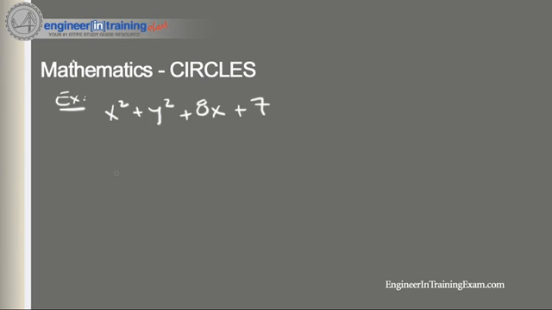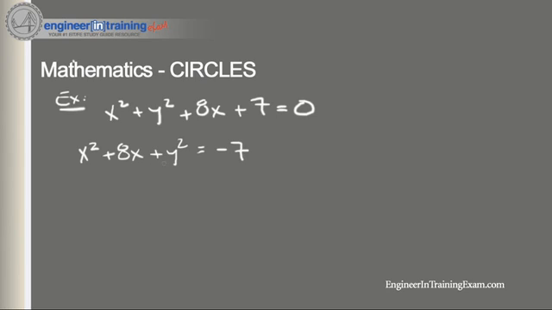So the first two steps are to get the constant on the right side of the equation, and also group the x and the y terms together. So to do that, we get x squared plus 8x plus y squared is equal to -7. So the next step is, for each variable with two terms, we need to complete the square of those terms. We look on the left side here and see that x is the only variable that has two terms.